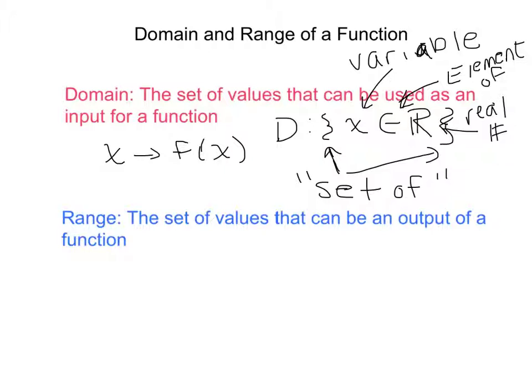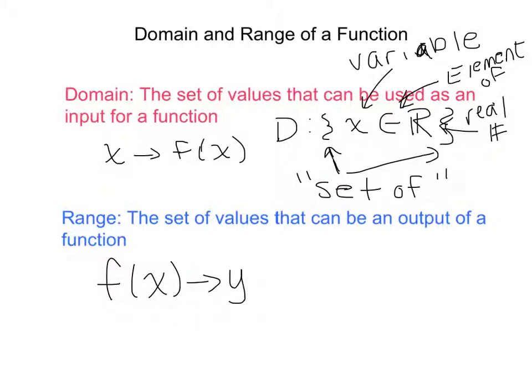So similarly for the range. Range is a set of values that can be an output of a function. Generally speaking, this is what's coming out of the function. So it's f of x, or what we usually call y in our Cartesian plane.